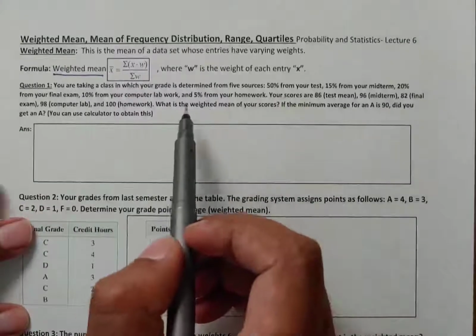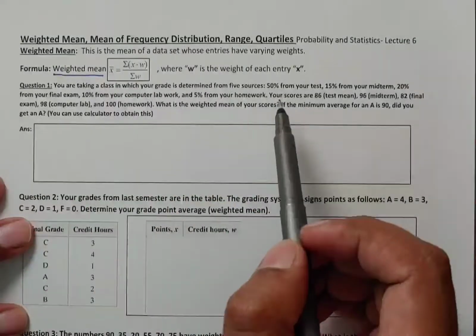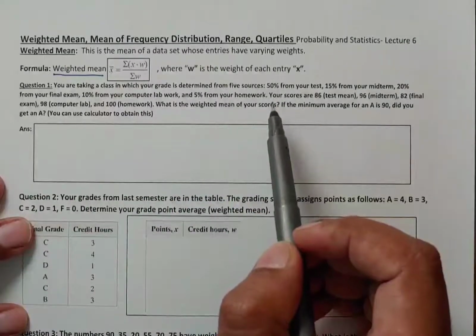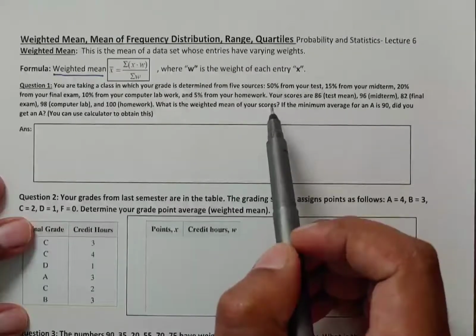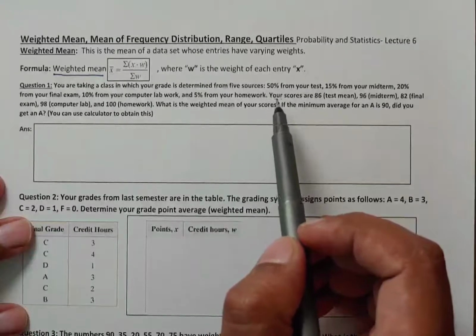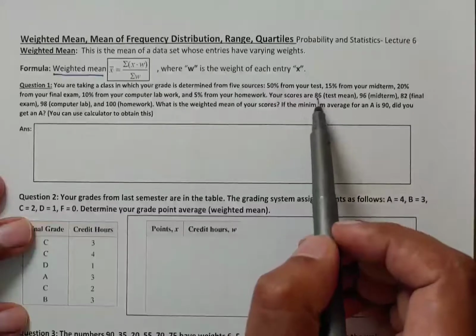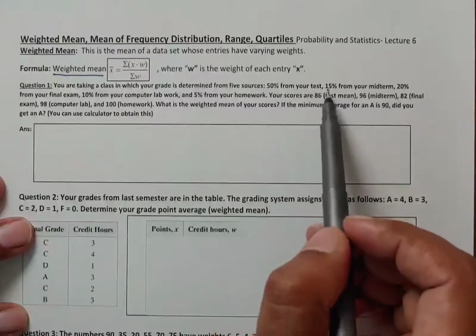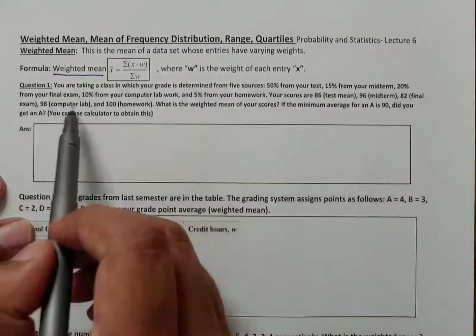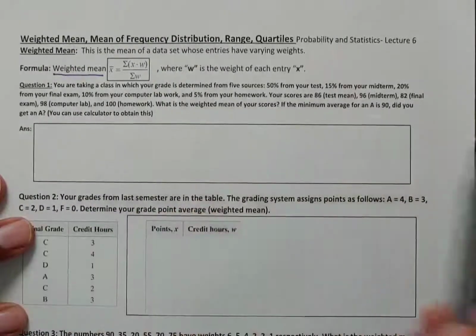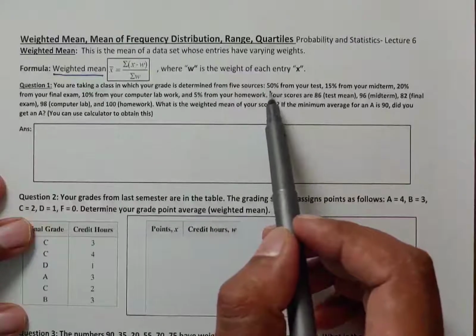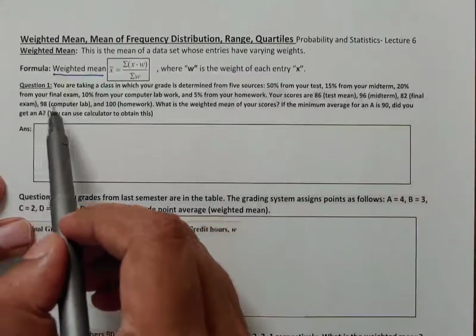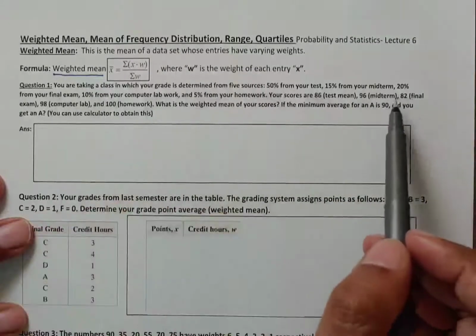So what we have here is the various items and their weights, right? Your test score is 86 and the test has 50% weight. These percentages are the weights. 20% is the final exam, so the final exam has 20% weight.